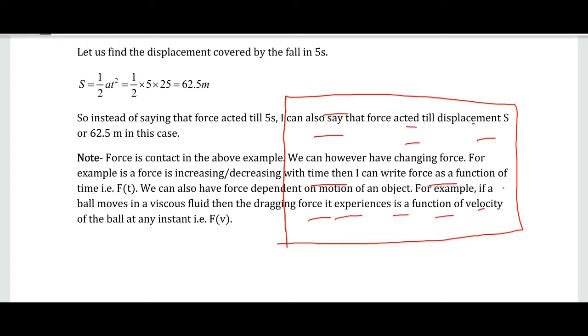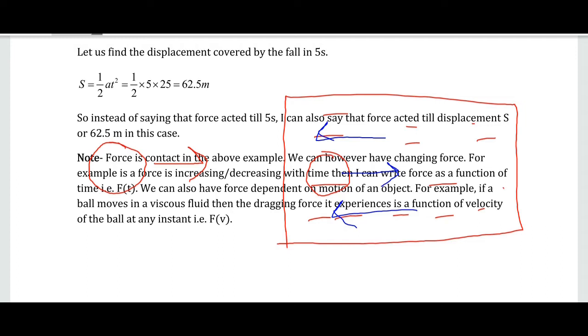Say this is a ball, initially moving through air, and the moment it enters the water, it experiences a drag force that acts towards the left. The ball is trying to move towards the right, but the drag force acts towards the left. And amazingly, it was found that the drag force actually depends upon the velocity of the ball.